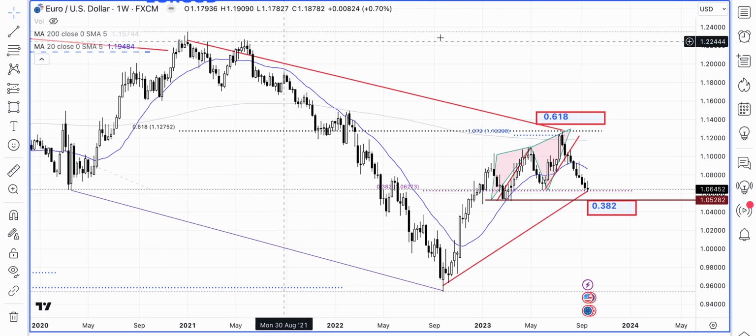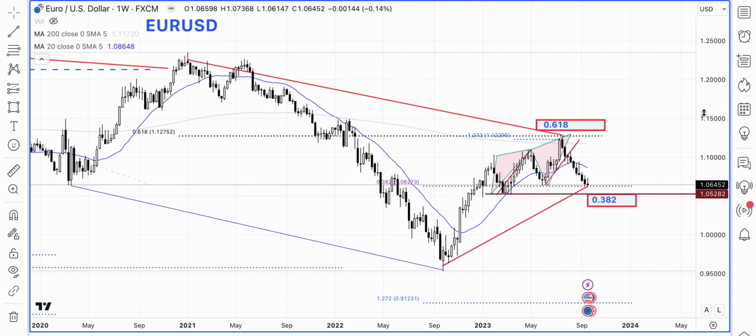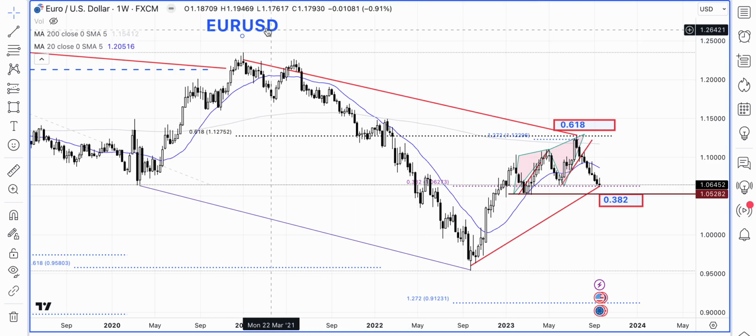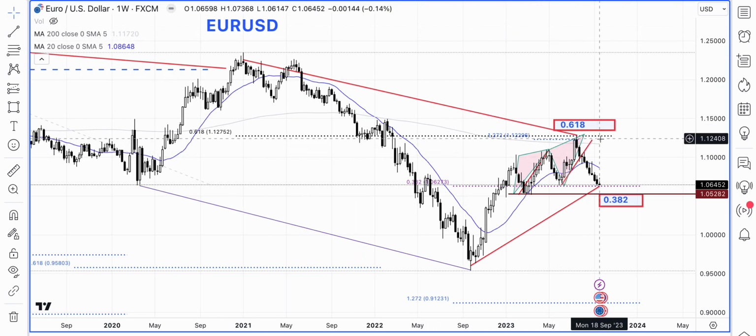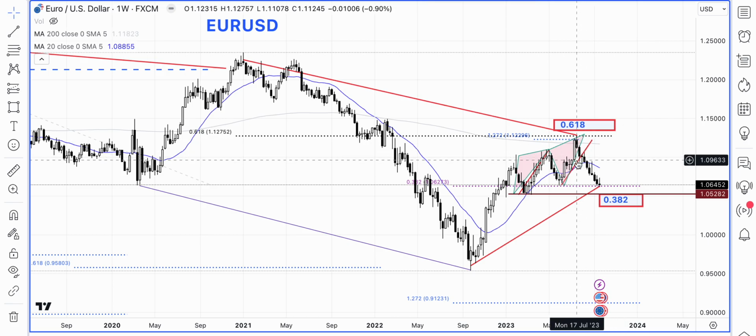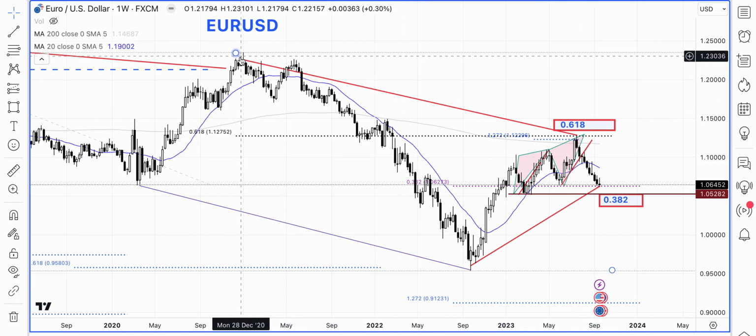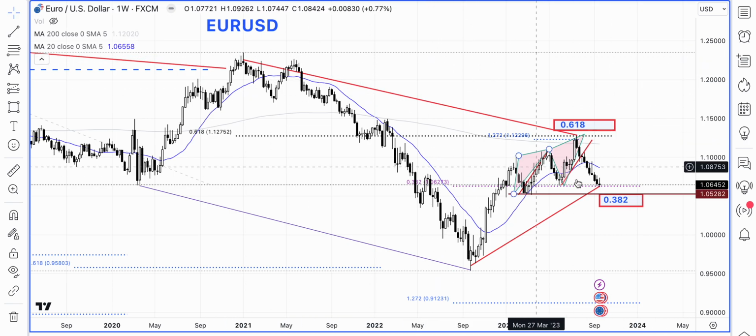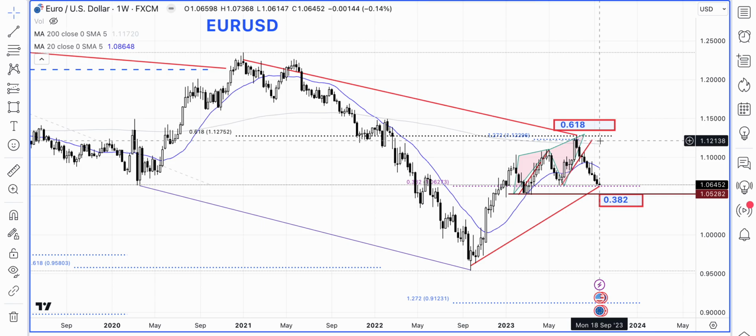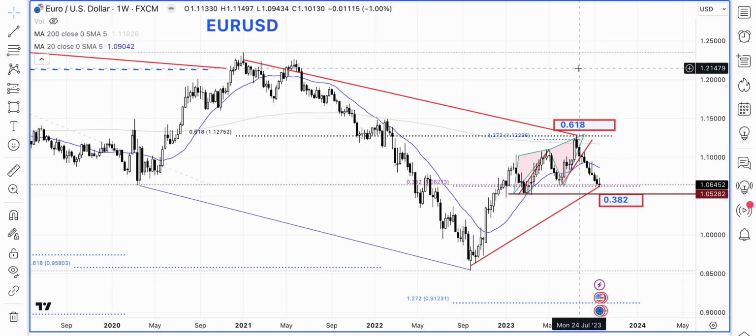On this weekly chart of the Euro USD, we can see that this market found resistance right at the 61.8% Fibonacci retracement of the high of 4th of Jan 2021, and dollar index had actually found a support at the 61.8% Fibonacci retracement. So again, the 61.8% or the 38.2% Fibonacci retracement, these are really key ratios to watch.